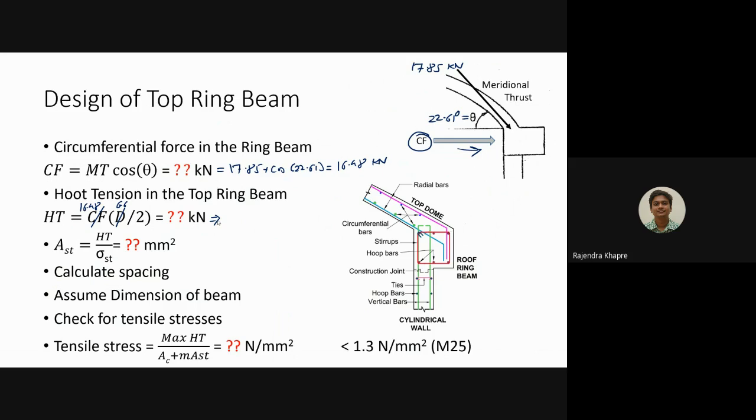So 54.38 kilonewtons is the hoop tension.